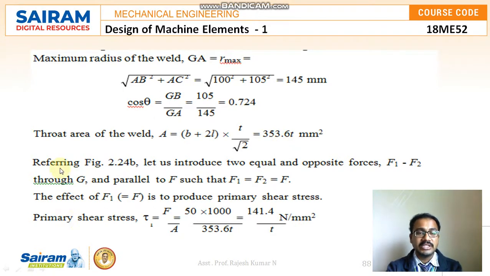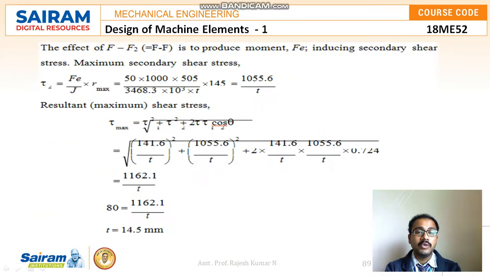From the previous sketch, let me assume two equal and opposite forces, F1 and minus F2, act through the center of gravity G, parallel to F, such that F1 is equal to F2 is equal to F. The effect of F1, equal to F, is to produce primary shear stress. So primary shear stress tau 1 is equal to F by A, that is 50 into 10 power 3 divided by 353.63. After simplification, the primary shear stress is 141.4 divided by t Newton per mm square.